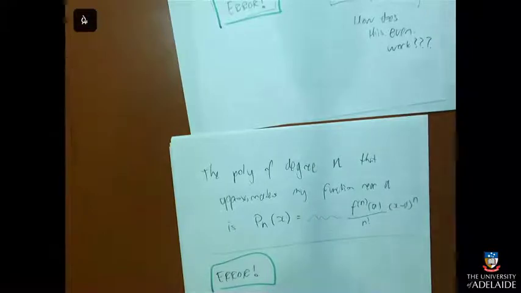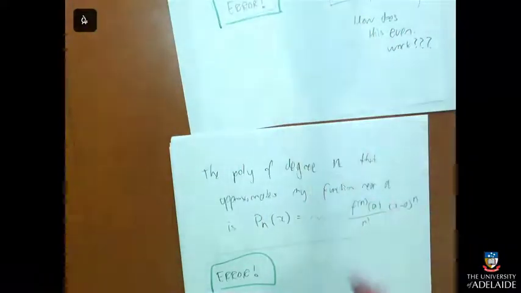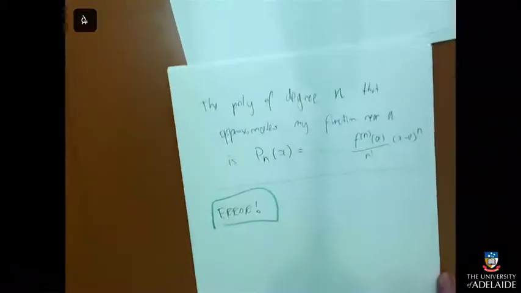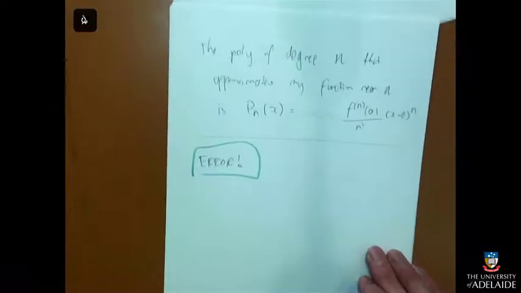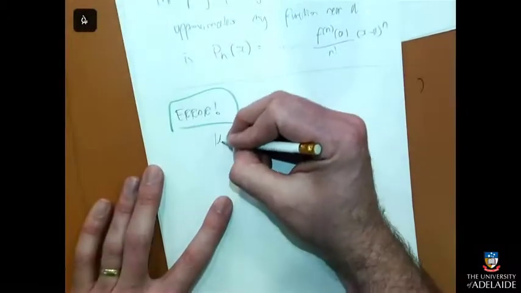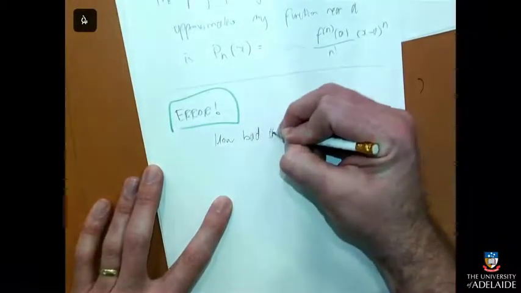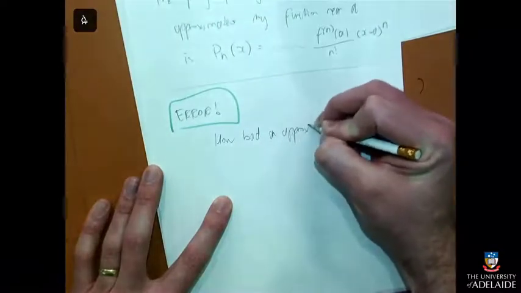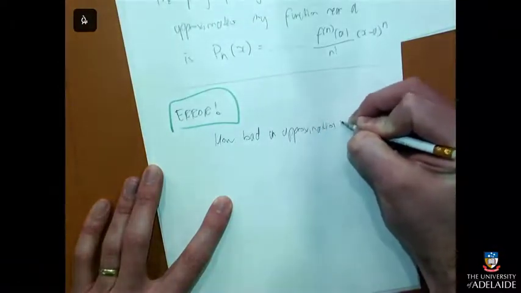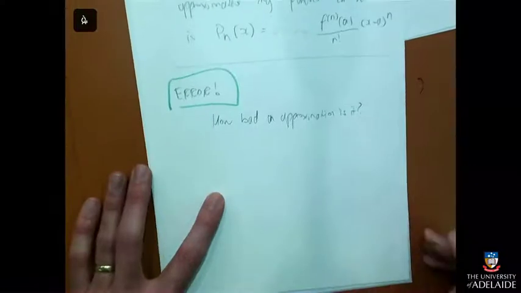Of course, if I were doing this at home, I would probably get a great big piece of paper and just write everything under the titles that I had. Okay, so the error is, how bad is the approximation?